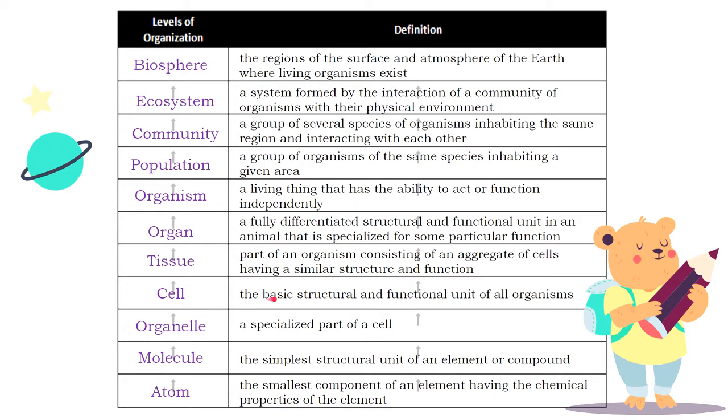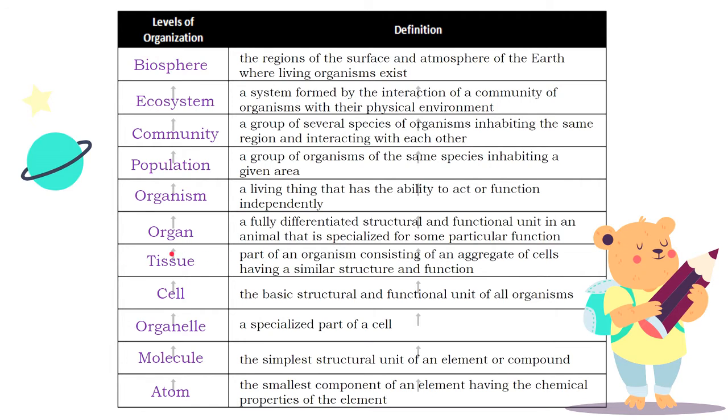So cells are the basic structural and functional unit of all living things. There are unicellular organisms. They are considered living things because they are made up of a cell, even if it is just a single cell. Now, in multicellular organisms, cells can aggregate or attach to each other, or clump together to form a similar structure and perform the same function.